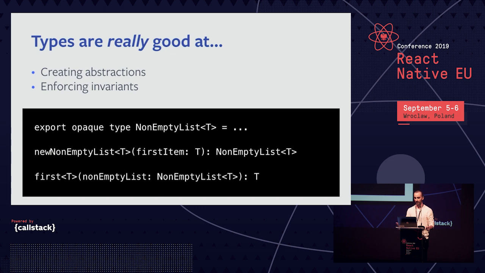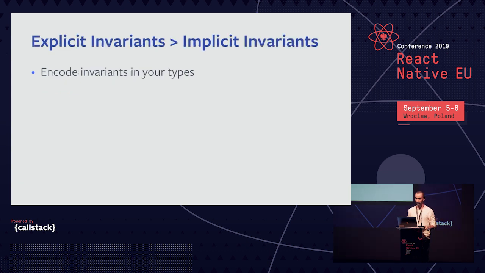And since I can prove to myself that my interface always preserves the invariant that that list is never going to be empty, I can ensure at runtime that that list will never be empty. So if you can start encoding these explicit invariants in your types instead of having these implicit invariants going around in the collective knowledge of your team, then you can start really enforcing these higher level properties at runtime.